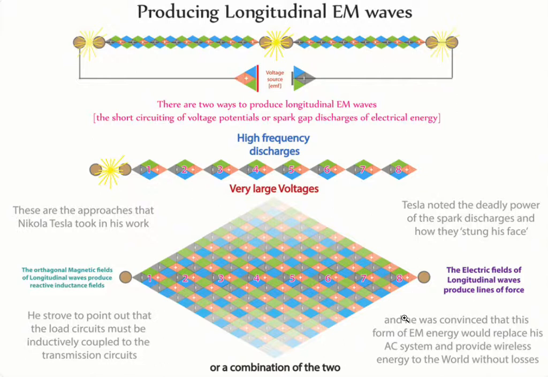You can obviously short-circuit the voltage potentials to create this spark, or you can build up the voltage to the point where they explosively discharge between the gaps, which is Maxwell's, I've forgotten the term. It's the added term that Maxwell had to add for capacitive discharges within circuits.